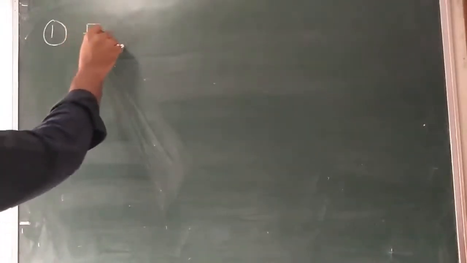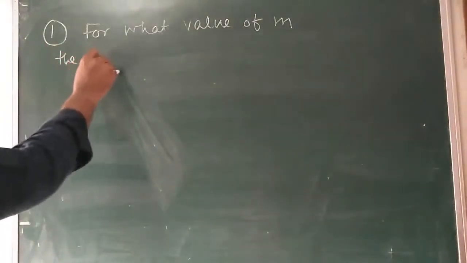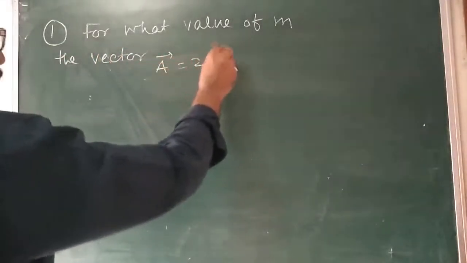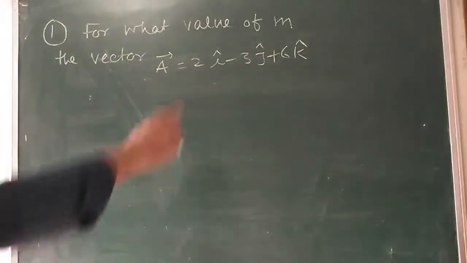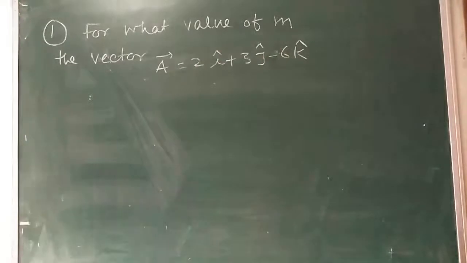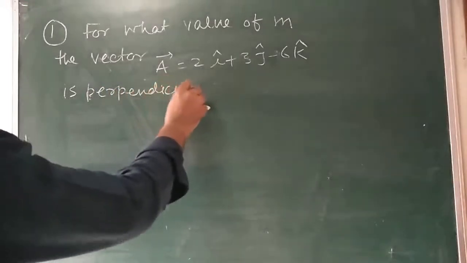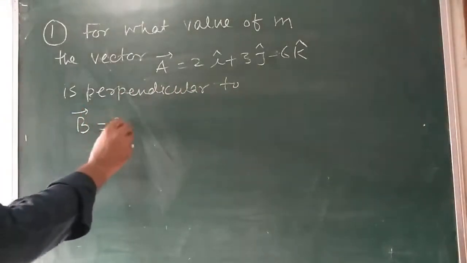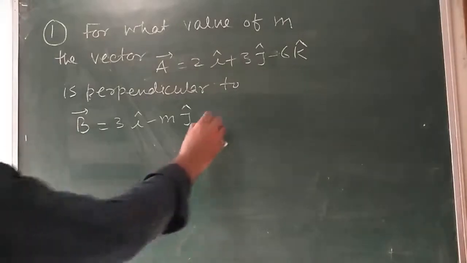For what value of m is the vector a equal to 2i minus 3j plus 6k perpendicular to b equal to 3i minus mj plus 6k?